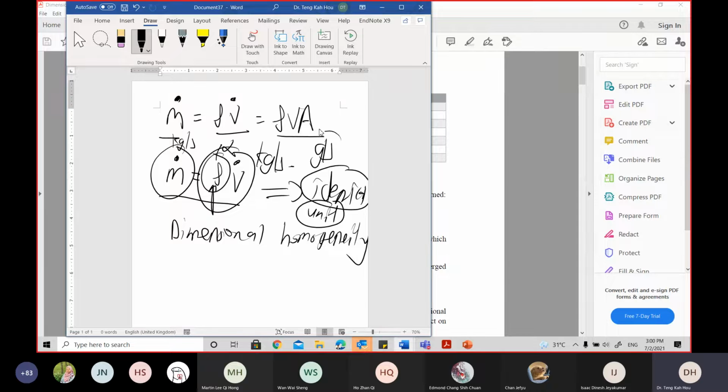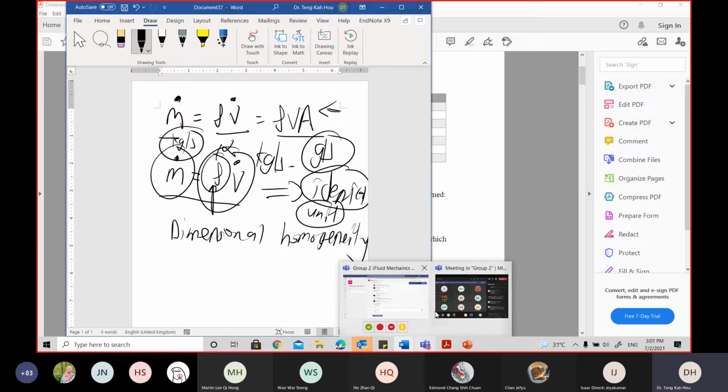If this one is gram per second, this is not dimensionally homogeneous. You need to make sure you get kg per second at the end, here also kg per second, and the same goes to here. Can you understand me? It's simple, right?